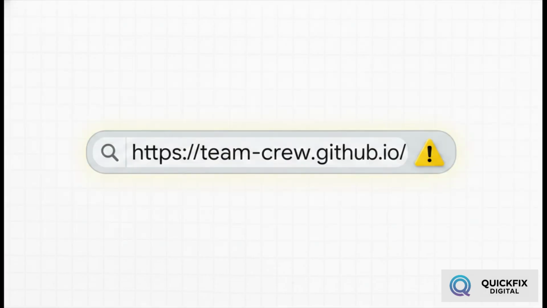And that brings us to the repository URL itself. Guys, I really want to draw your strict attention to this exact address: https://team-crew.github.io. Typing this string of text correctly is, without a doubt, the single most common point of failure. So take your time here, especially if you're painfully typing it out letter by letter with a clunky TV remote.